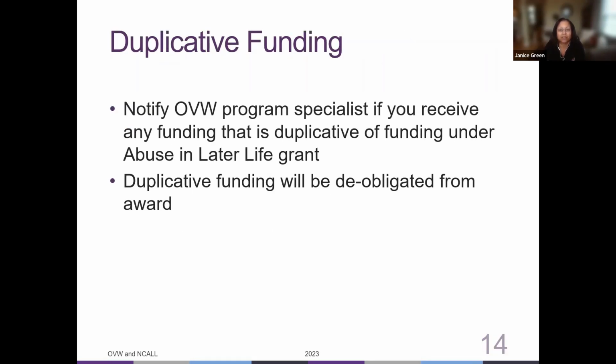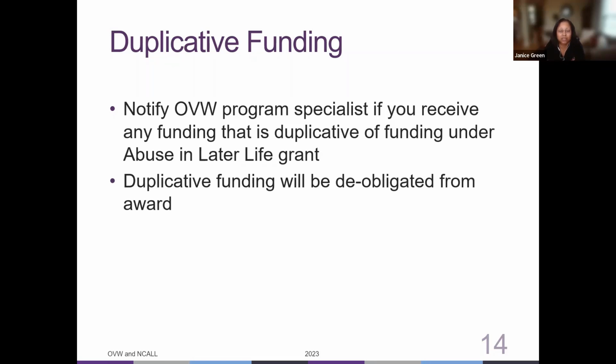Duplicative funding. Under this grant program, you have funding to do very specific activities. Let's say that under this grant, you said that you were going to provide funding for counseling for victims to address the trauma that they've experienced. And let's say you've got another grant which is going to fund the exact same thing.